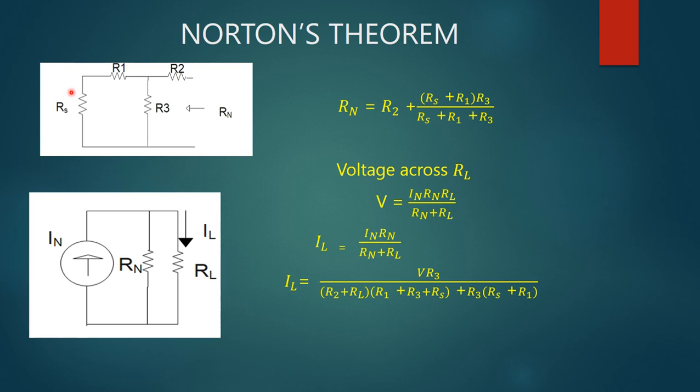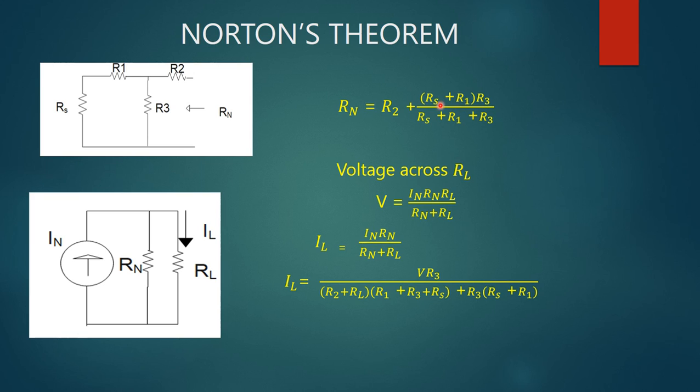From this resistance combination we see that R1 plus Rs is parallel with R3, and this equivalent circuit is in series with R2. That means Rn is equal to R2 plus (Rs plus R1) into R3, whole divided by Rs plus R1 plus R3.